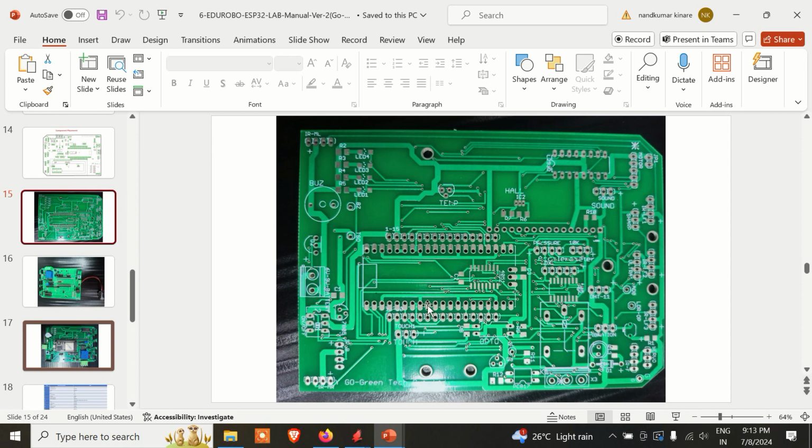One is the ESP-32, the outer one. Inside, you can also fit the Raspberry Pi Pico W CPU. So let us mount component by component and then test them.